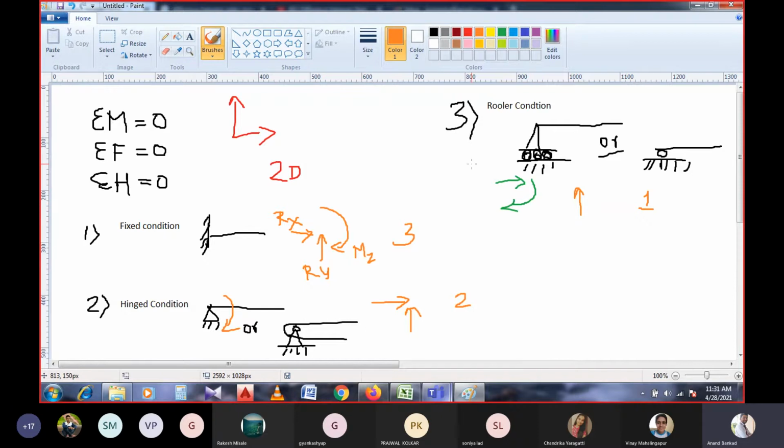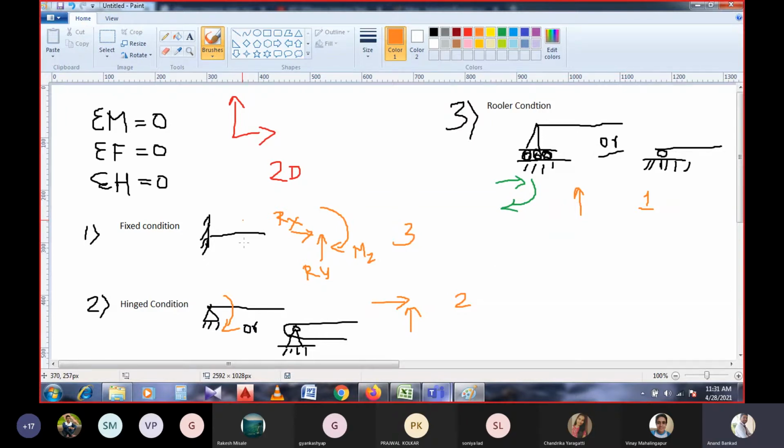Correct? So now these are the main three supporting conditions that are going to be involved in the structures, and every structure will have the same conditions, whether it is restrained against all three forces, or some of the conditions will be allowed and some will be restrained, correct?